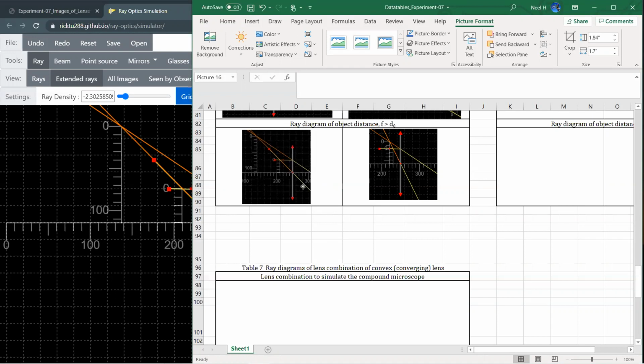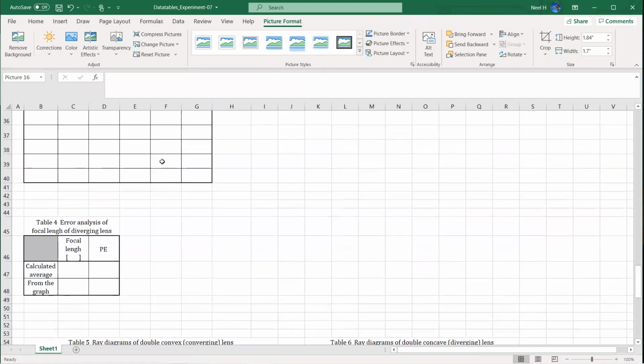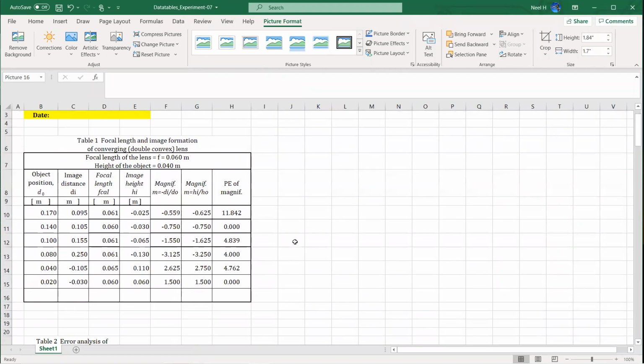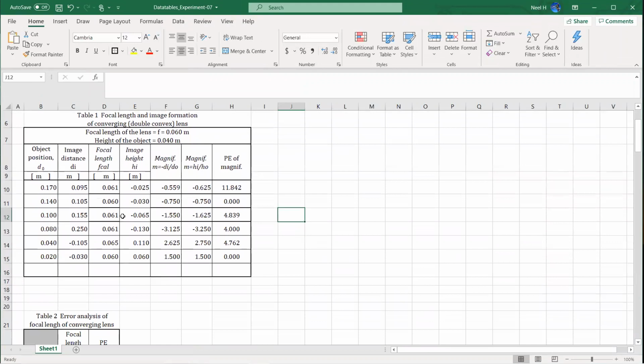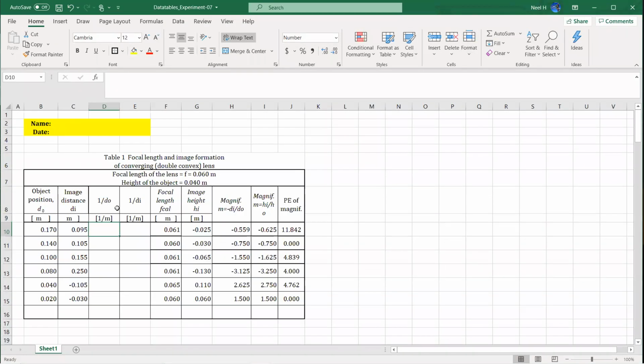Okay, so let's make a graph now. So we need the graph between 1 over di and 1 over d0. To make the graph, we need two more columns added here, 1 over d0 and 1 over di.